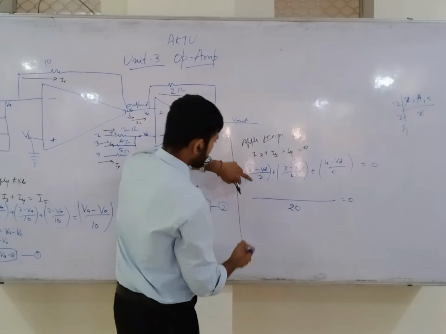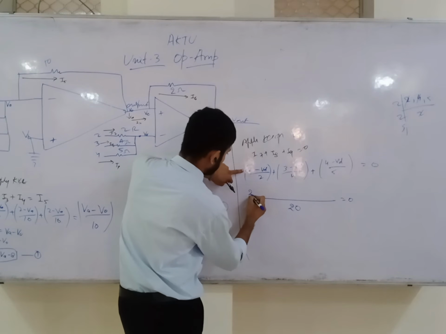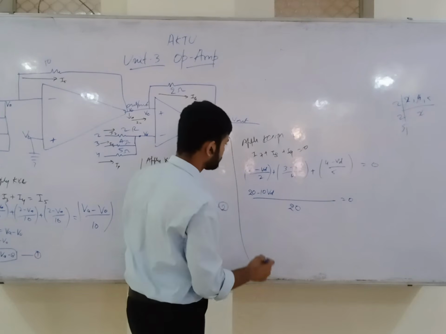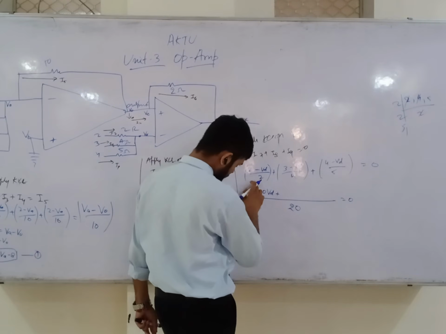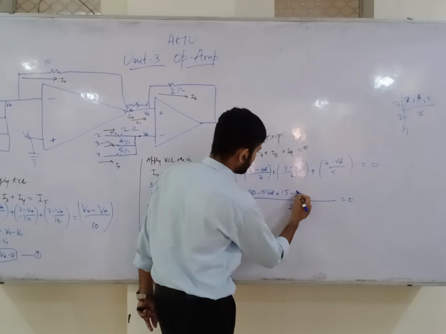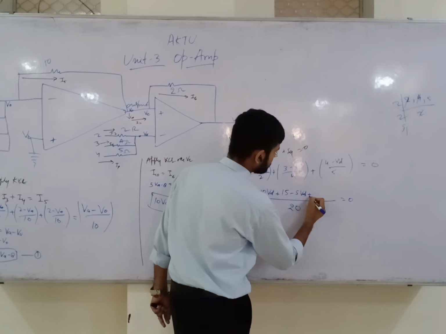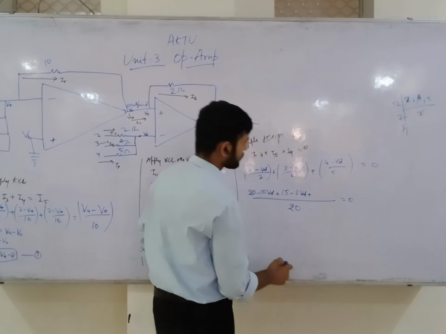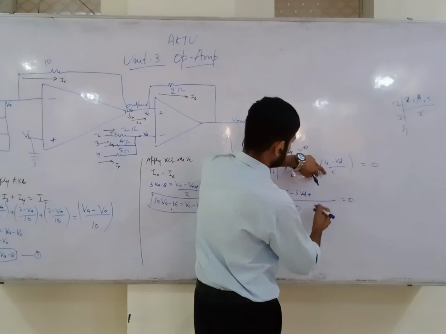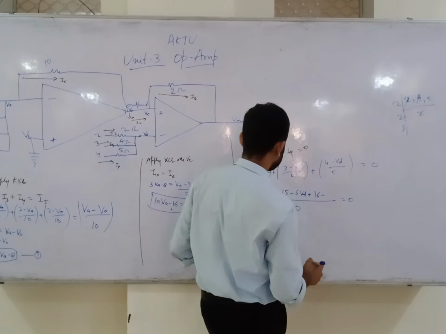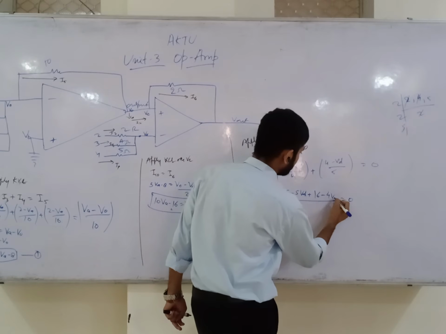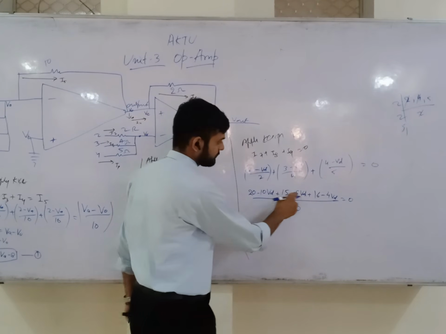So 20 minus 10VD plus 15 minus 5VD plus 16 minus 4VD.